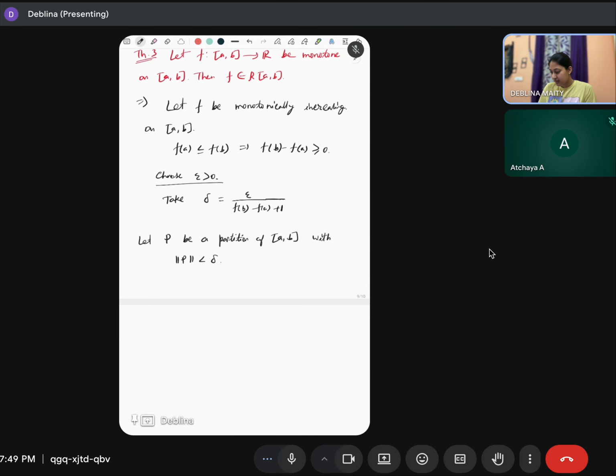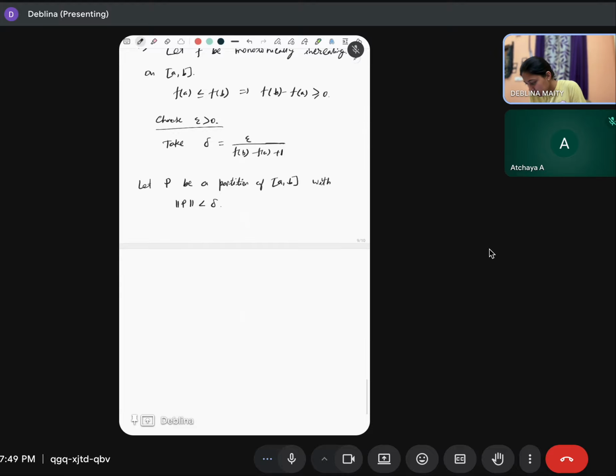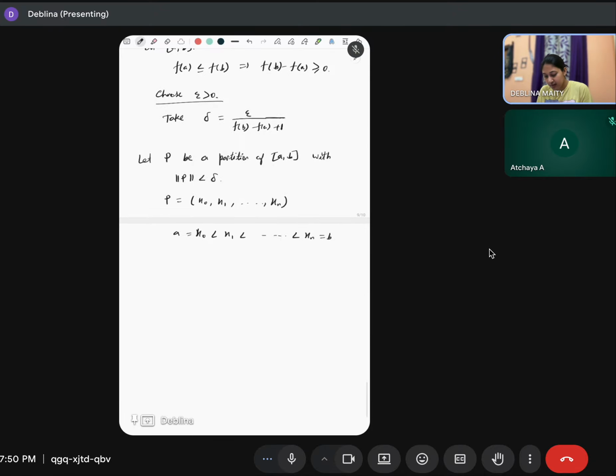Norm of P less than delta means the length of all the subintervals is less than delta. Now P means a equals x0 less than x1, and so on, less than xn, which is b.